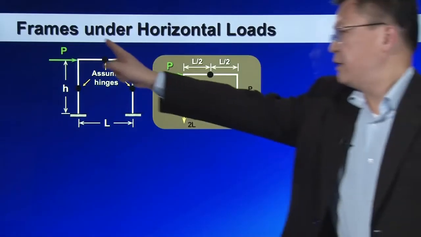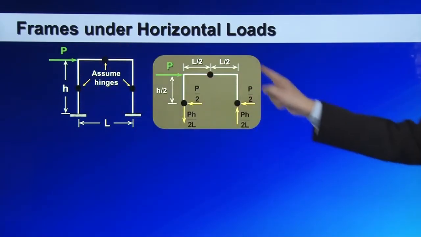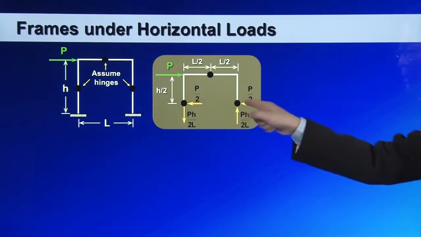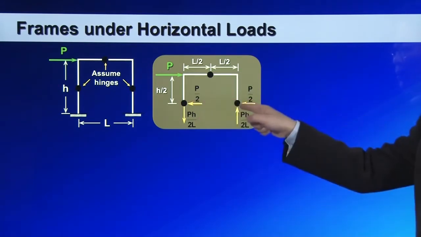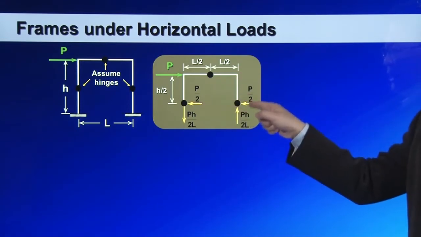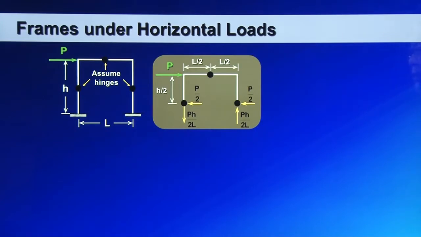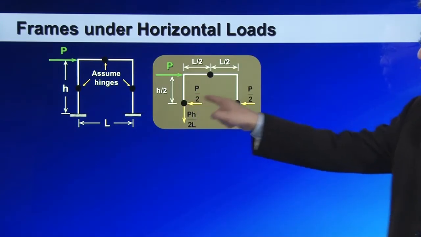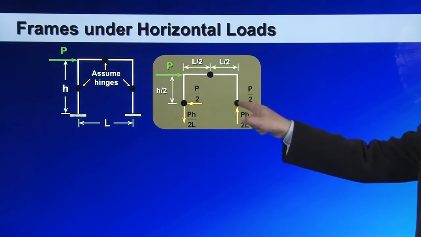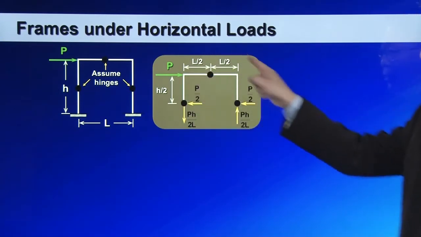So you take the upper half of the structure, free body diagram. These are the inflection points that you assume. Those inflection points carry shear force and axial force, but not bending moments. So what you can do is come to either this inflection point or this inflection point and do equilibrium on this free body diagram.